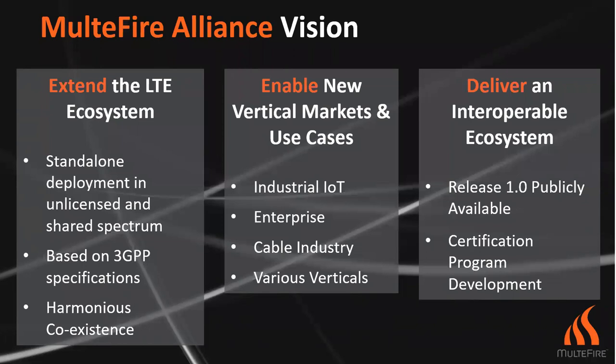And from an availability perspective, if you go to the MulteFire Alliance website, you'll see that release 1.0, which is the end-to-end specification, is already available publicly to everyone to download. We are also working on finalizing the certification program for end-to-end certification of MulteFire products. That's both on the UE side as well as on the small cell.